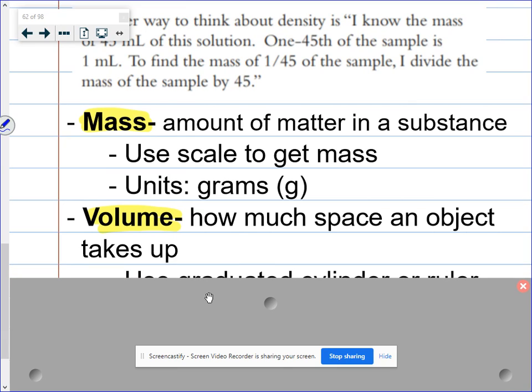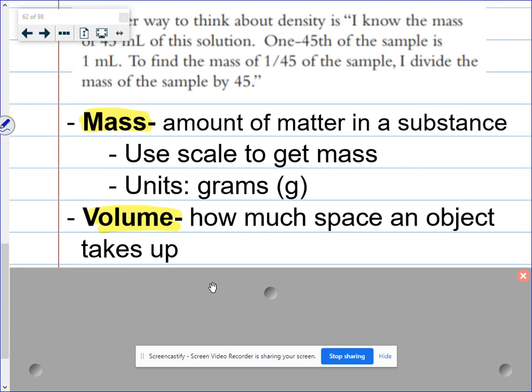Now, volume we can measure in a couple of different ways. The reason volume is going to have two possible units here is because there are different ways to measure volume based on what the object is. We have solid objects and liquid objects, and gas as well.